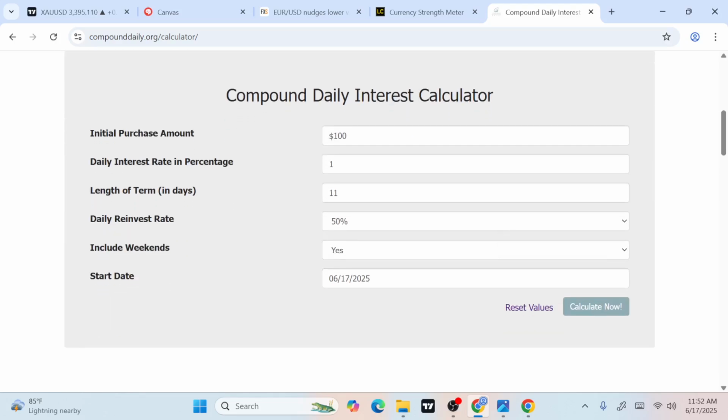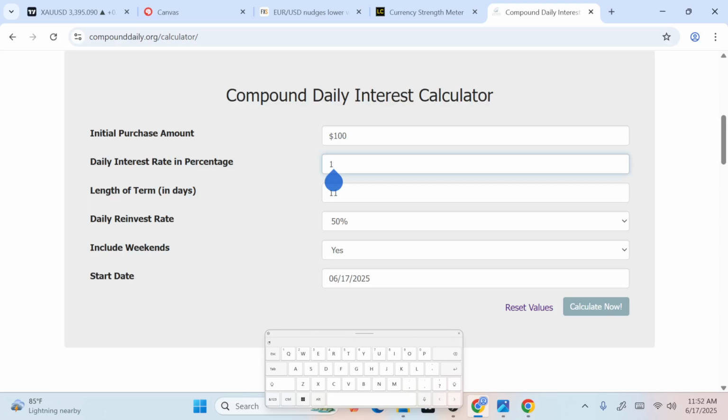So for example, let's say you are trading $50 with a 5% daily interest rate. Let's say 20 trading days in a month.